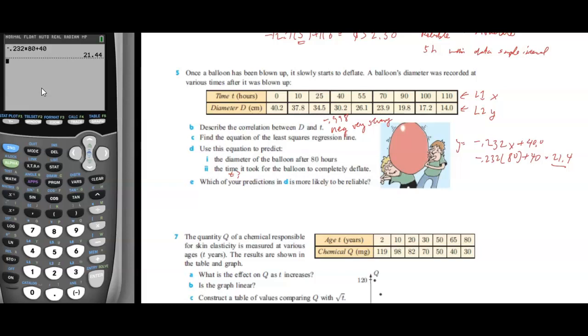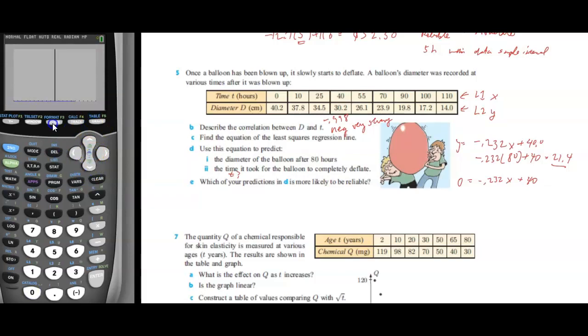So in this case, they're giving us that y is equal to 0, and they want us to find the x. Okay, so what's the easiest way to do that with the calculator? Well, you don't even have to do algebra. I could go over to Y1, and I could put negative 0.232x plus 40 into the calculator, and then graph it.